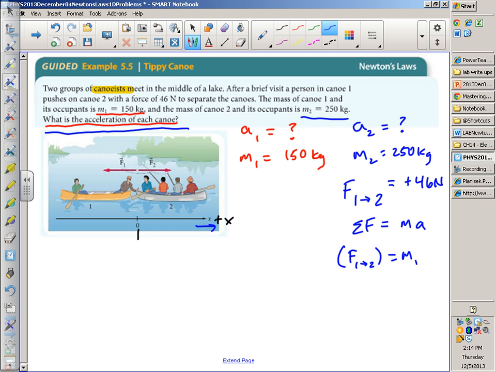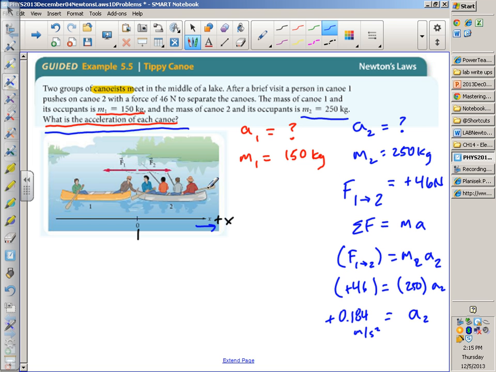And then mass of 2 times acceleration of 2. We said that this is going to be positive 46 newtons. The mass of canoe 2 is 250. So we can solve for the acceleration. And when you do, you end up with 0.184. Okay? Good there.